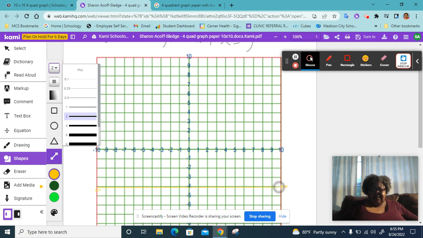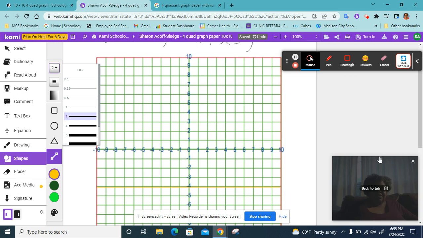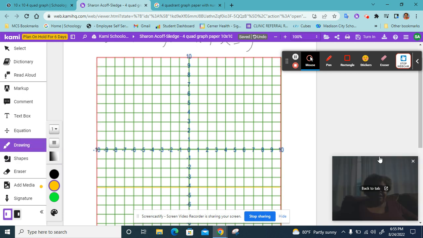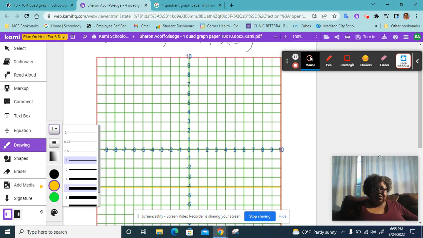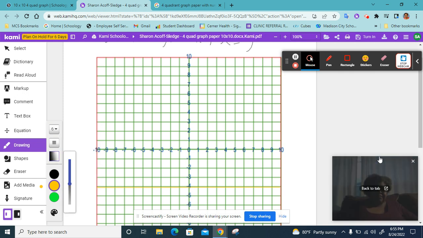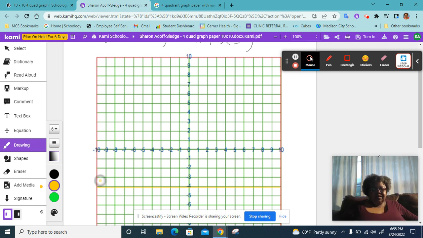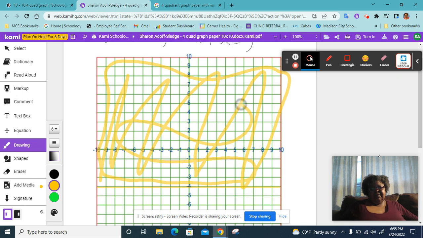Since it's greater than or equal to, we're going to shade above. I'm just using some of my tools, so I'm going to shade like this, everything all the way up, this whole area.